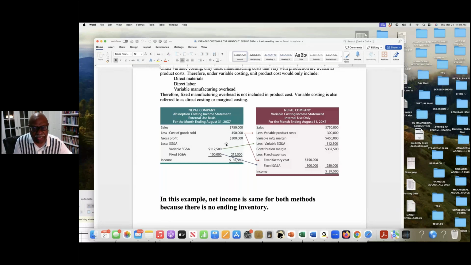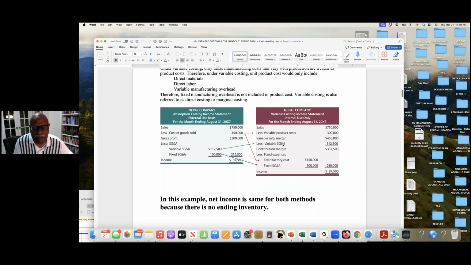But over the next 6 weeks, we're going to be using a variable costing income statement. On this statement, we have sales less variable product costs, and we'll be talking about that today, gives us the variable manufacturing margin.